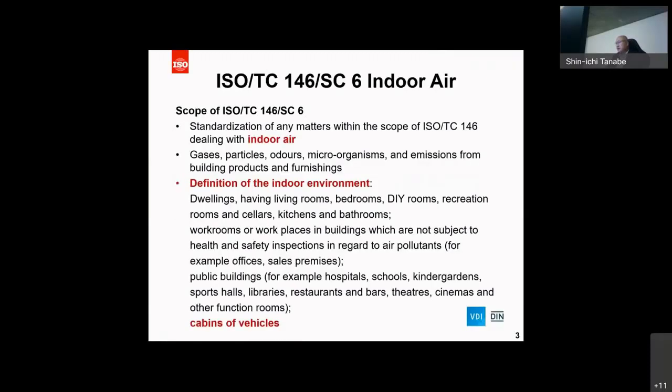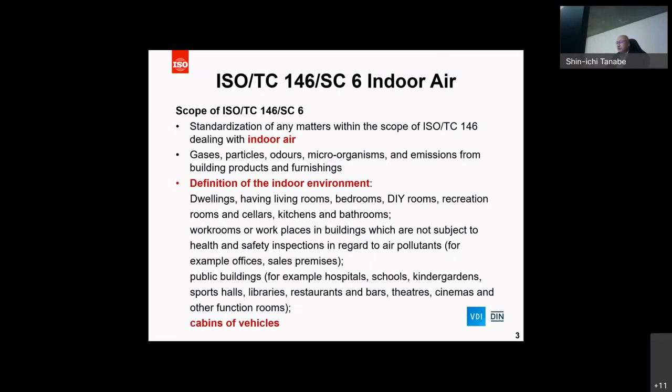A little bit of background: ISO TC146 SC6 is for indoor air. We standardize indoor air quality measurement. At the moment, I'm the chair for SC6, indoor air. It covers standardization of any matters within the scope of ISO TC146 dealing with indoor air: gas phase, particles, odors, microorganisms, and emissions from building products and furnishings.